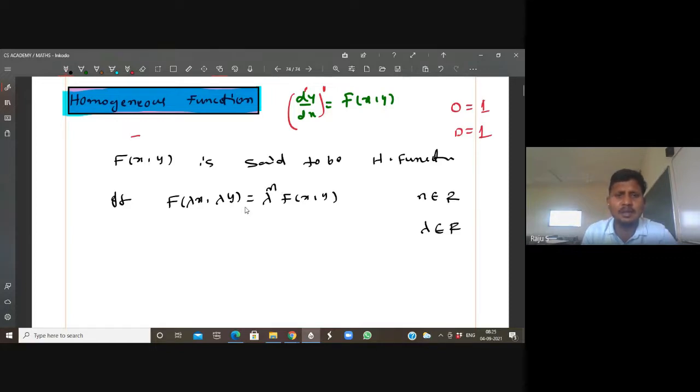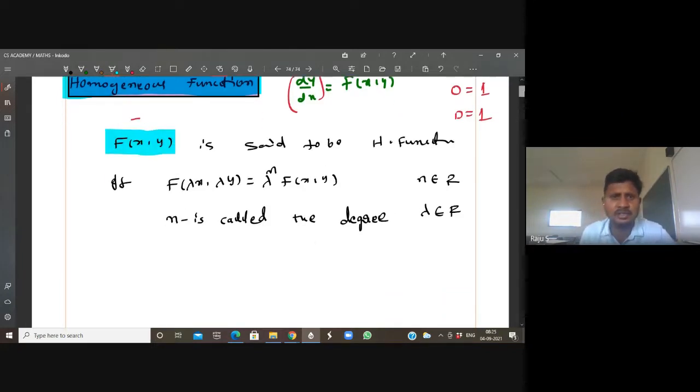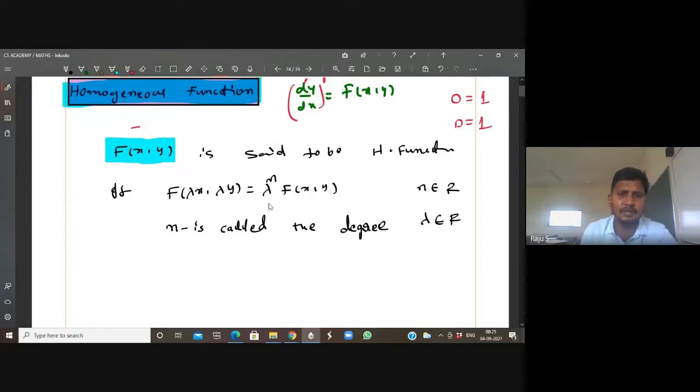Here n is called the degree of the homogeneous function. Degree of a given homogeneous function: if f of x comma y is a function, then just find f of lambda x comma lambda y is equal to lambda to the power of n, where n belongs to R, whatever it is.